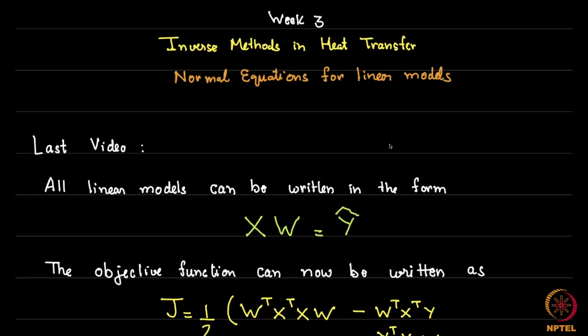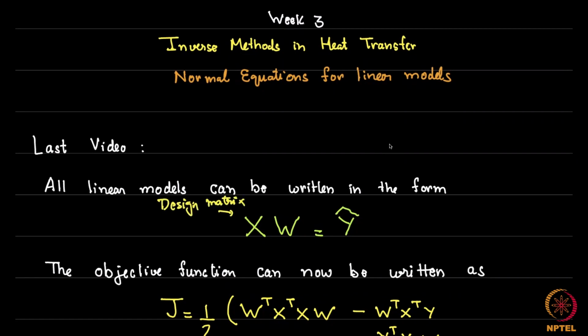Welcome back. In the previous video, we had seen that all linear models can be written in the form X W equals y hat, where X was called the design matrix and consists of all the input vectors, or all the input variables.